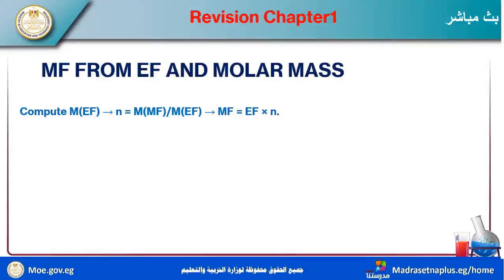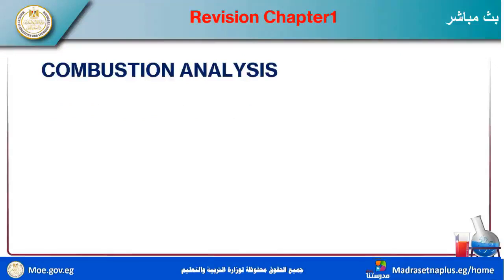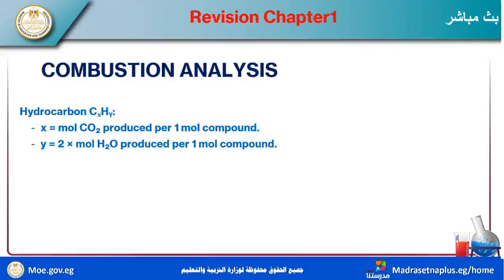Now, for computing the molecular formula, you must divide the molar mass by the empirical molar mass. And you know the combustion analysis here. Hydrocarbons like CxHy: x moles CO2 produced per 1 mole compound, and y over 2 moles H2O produced per 1 mole compound.